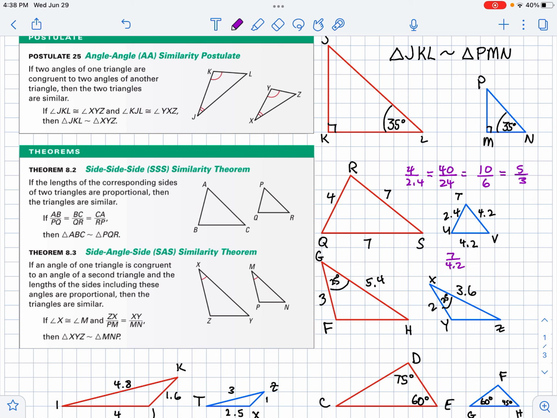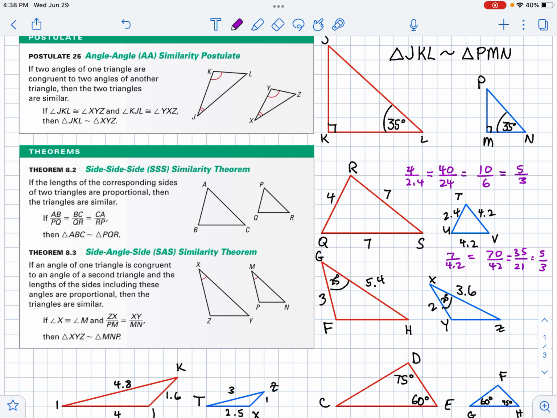That's 70 over 42. I play the same game here, reducing this, I've got 35 over 21. And then this is going to be 5 over 3, because 7 will go into 35 5 times and 7 will go into 21 3 times. So 5/3. Yes, these ratios are the same.